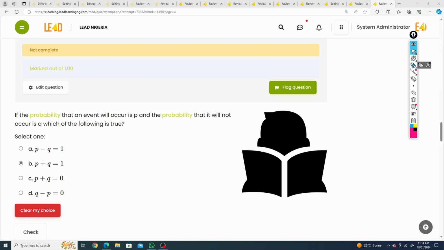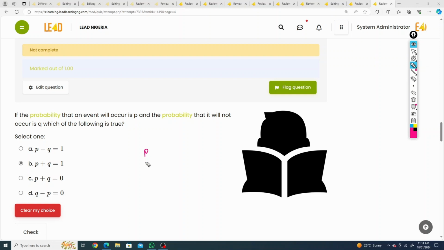So let me use an easy example. Someone is going to have a child. The probability of having a boy or not having a boy must be 1 because you're going to have a child, as long as the delivery is successful.